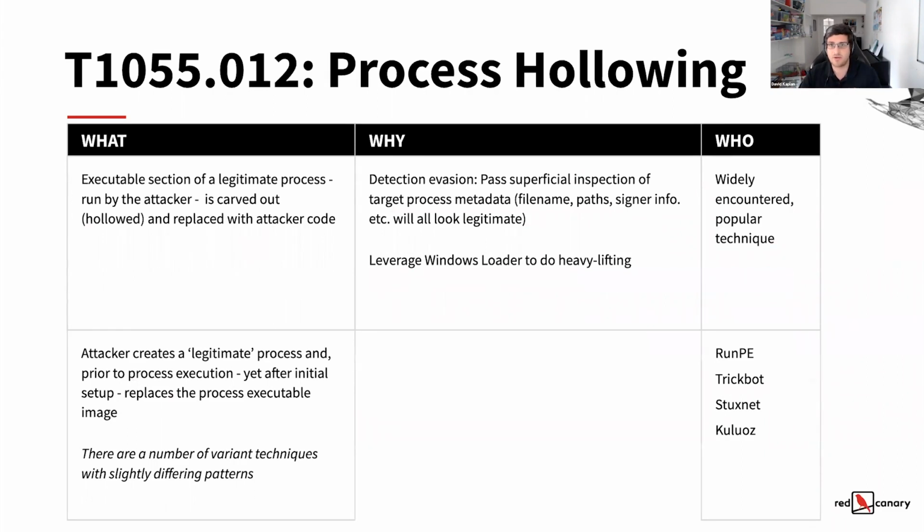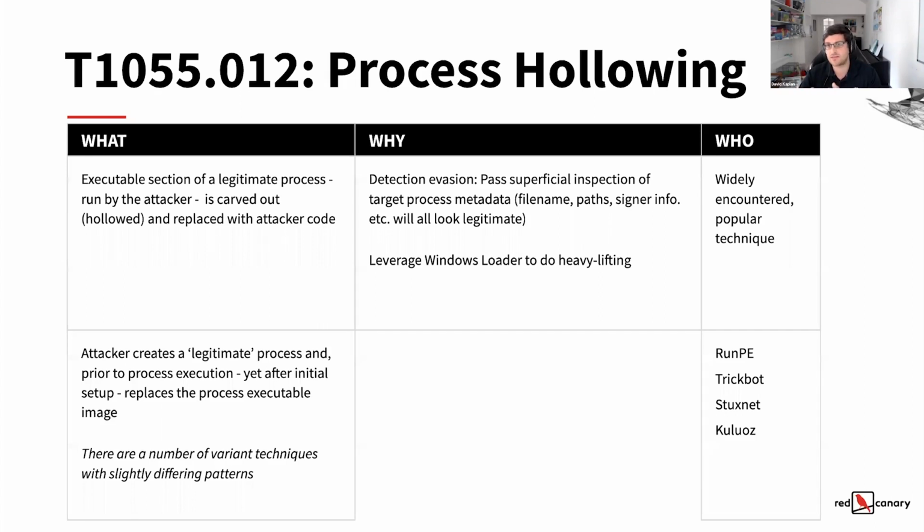How this works simply is that an attacker would create a suspended process, and prior to allowing that process to execute, they would unmap the original code, inject their code, and then resume the process.